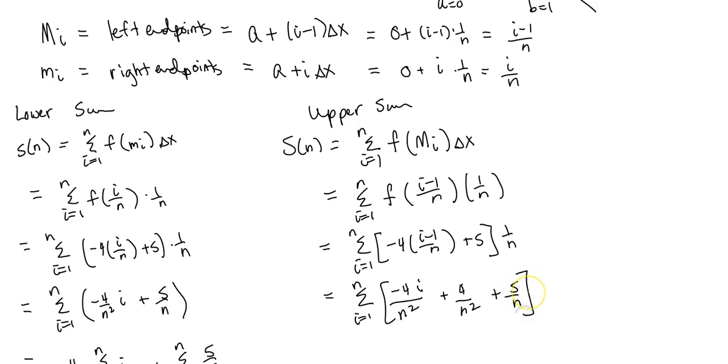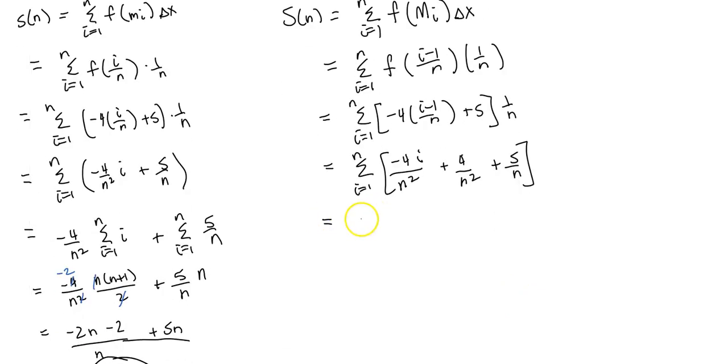Okay? And then from there, I could bring out the negative 4 over n squared and have that as the sum from 1 to n of I. And then there's no I in the rest of this expression, so this is actually just a constant.